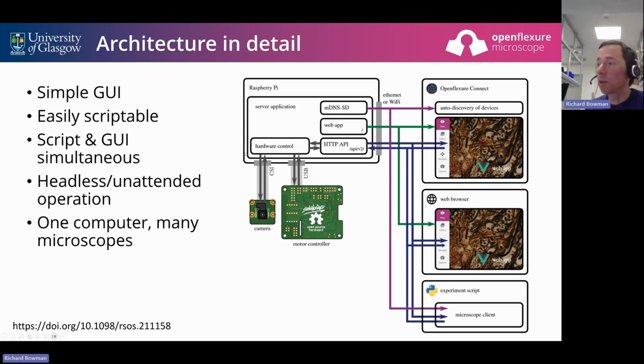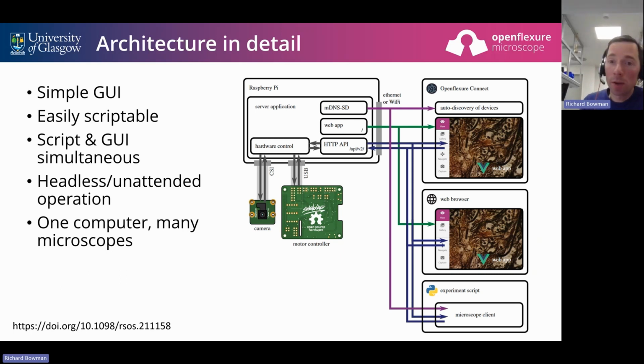In that Python web server is the code responsible for talking to the hardware, being the motor controller and the camera. That then exposes an HTTP API that is Web of Things compliant. It also serves the static web app. And so there is one HTTP server that is responsible for the web app and for all the hardware control.